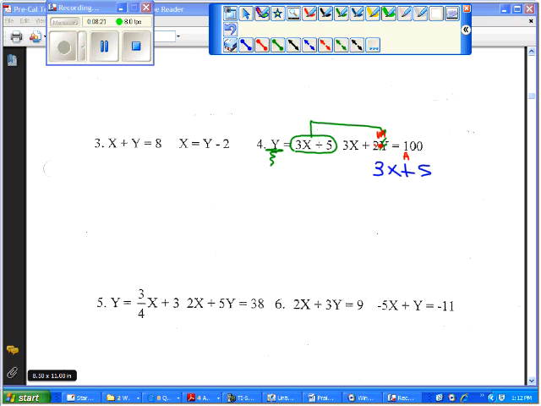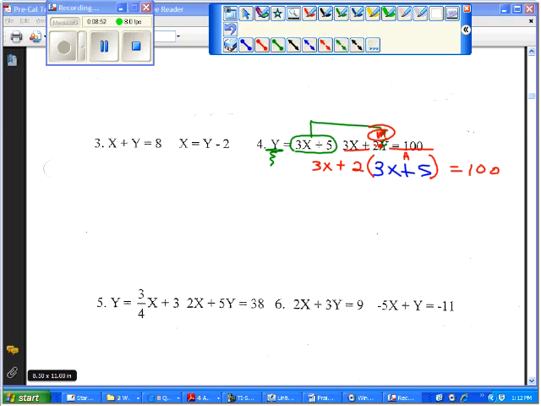See, we have a higher operation multiplication happening to a lower operation addition, so we have to put the lower operation addition in parentheses. Don't forget to do that. And then we still have the 3x plus on this side, and we still have the equal 100 on that side. Everybody see how we inserted the 3x plus 5 in place of y, and we stuck it in parentheses.